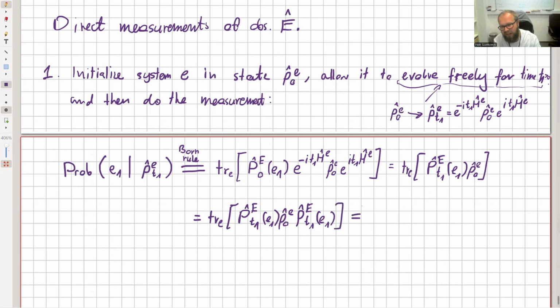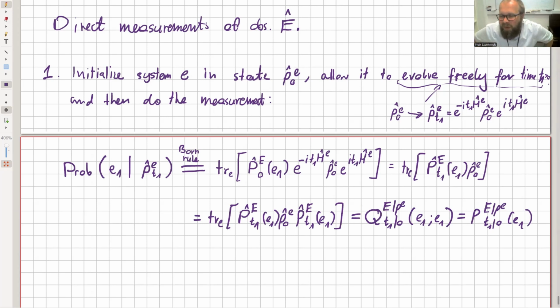But this here is just Q ρ_E(T1, 0; E1, E1). This is a single-time bi-probability, the diagonal part of a single-time bi-probability to be more precise. So this is P_E ρ_E(T1, 0, E1).